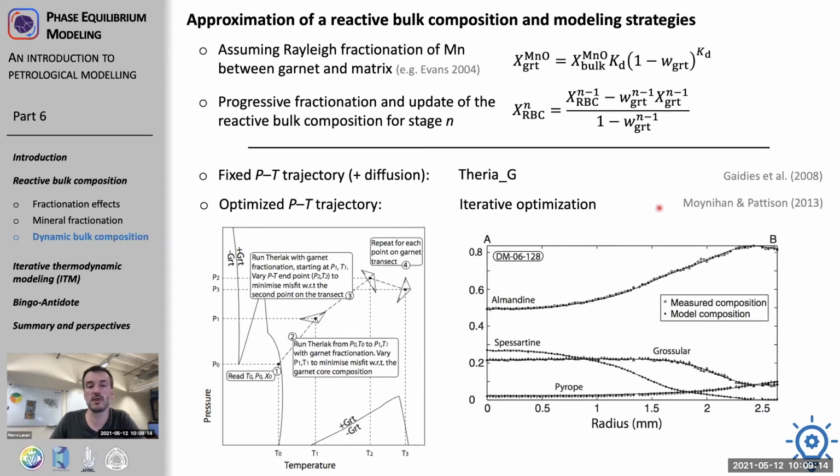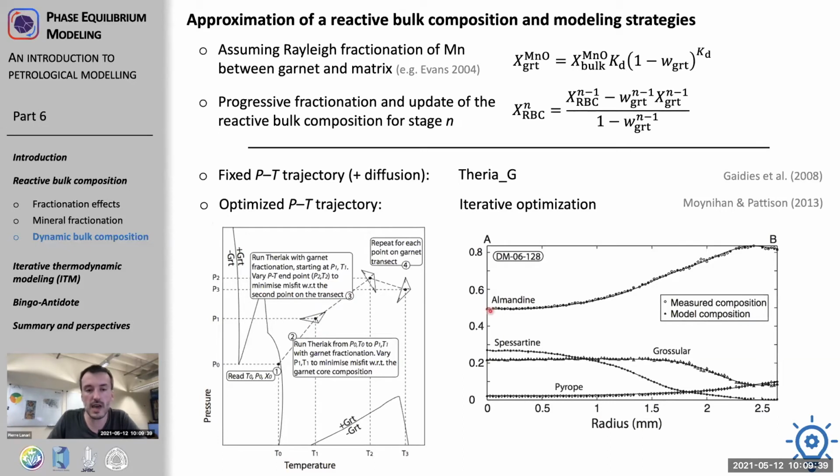If you don't know the PT trajectory, if you want to do thermobarometry, then I really recommend you take a look at this paper from Moynihan and Pattison. This is an amazing work because it shows that you can use an iterative optimization, and for every microprobe analysis that you have along your profile, from the core of the garnet to the rim of the garnet, they optimize the pressure and temperature condition in order that the observed garnet composition will match the model garnet composition.